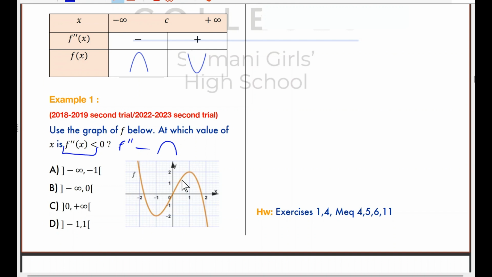Which part is opening down in this graph? 0 is the point of inflection. This is where concavity changes. So from 0 to infinity it is opening down. In this region, the function is convex. In other words, the second derivative is negative.